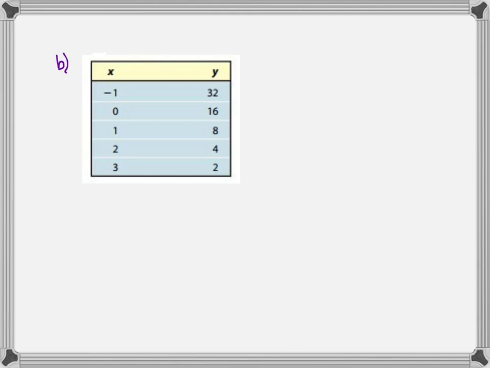Okay, let's look at a second table of data. Let's start by calculating our average rate of change, or first differences again. So going from our first row to our second row, we have 16 minus 32 over 0 minus -1, and that is -16.